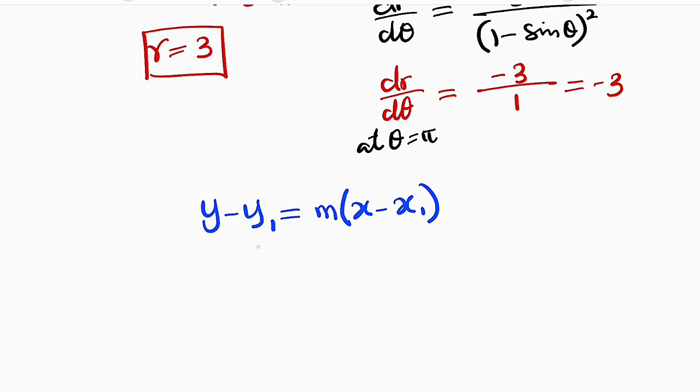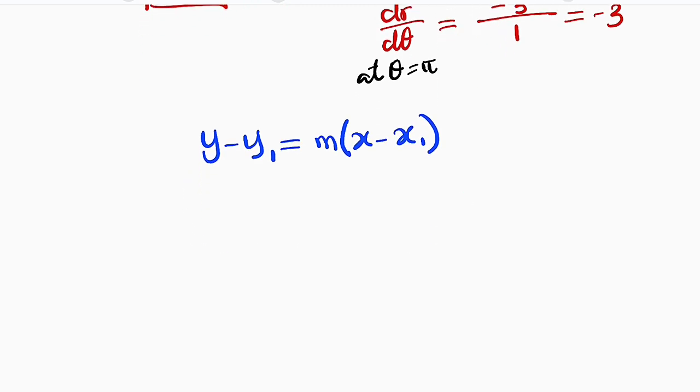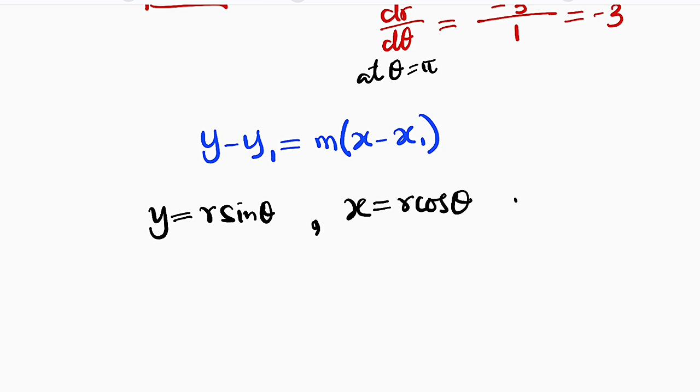So I would like to interpret these terms in polar coordinates. What you should remember is that y is equal to r sine theta, right? You should know that x is equal to r cos theta. And m, in this context, is equal to what? dy over dx. So let me remove m and write dy over dx directly.